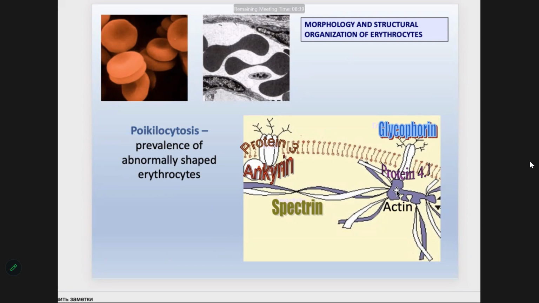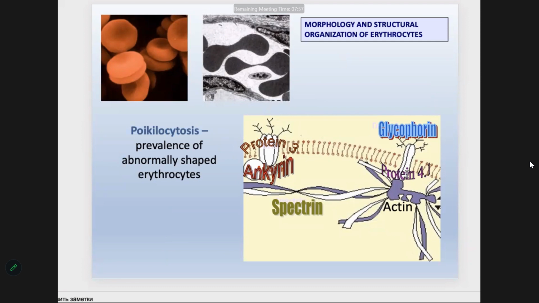Look at glycophorin. Glycophorin is a transmembrane protein which attaches carbohydrates. We can see the chains of carbohydrates on the surface of this protein, and the main function of this protein is receptor function, recognizing different substances. Next, transmembrane protein 3 is necessary for the exchange of carbon dioxide and oxygen, so gas exchange.